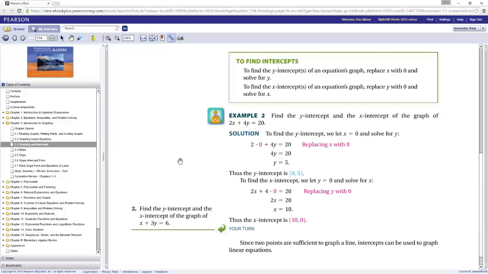operations. It says that we have to do what's in grouping symbols first, then exponents, multiplication and division left to right. It doesn't mean that multiplication comes before division all the time. If those two operations are in a line, it goes left to right, and then addition, subtraction, left to right.